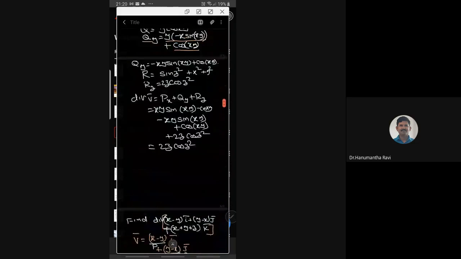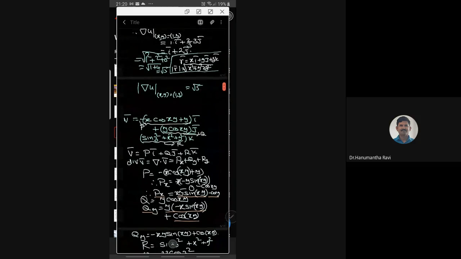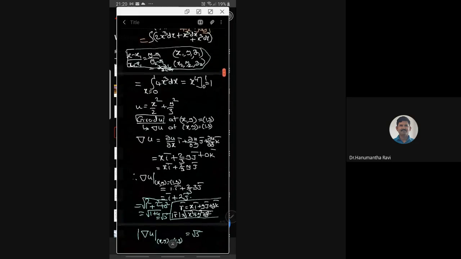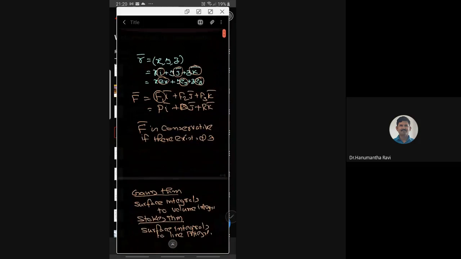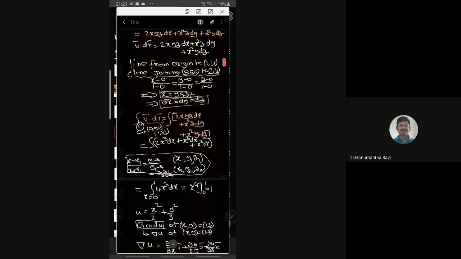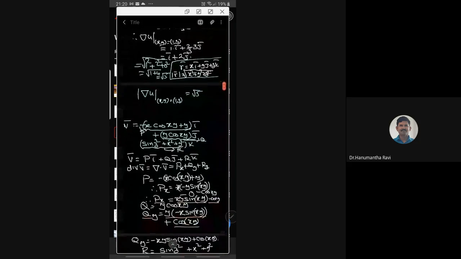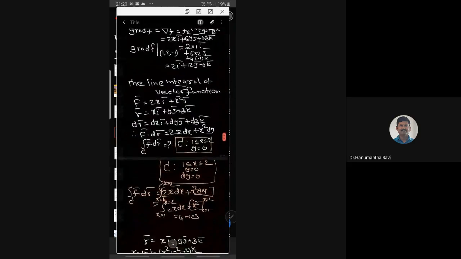On line integrals, divergence, gradient, curl, the ideas of curl, all these we have seen, and we have done some examples from old question papers of the GATE exam.